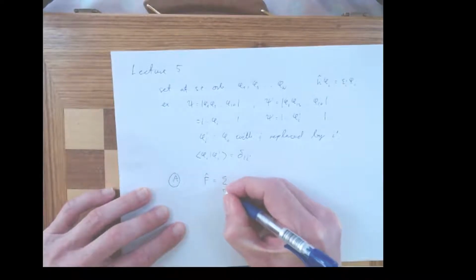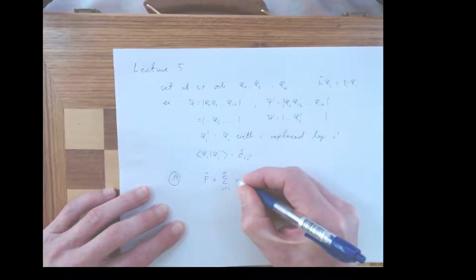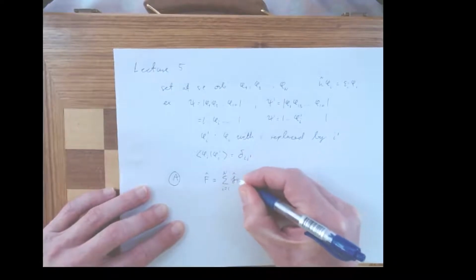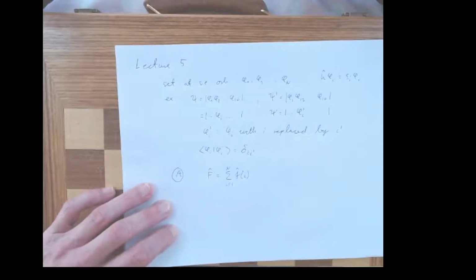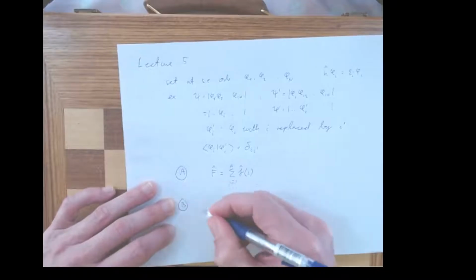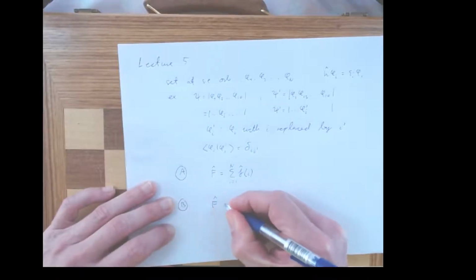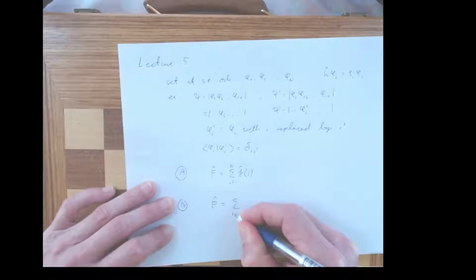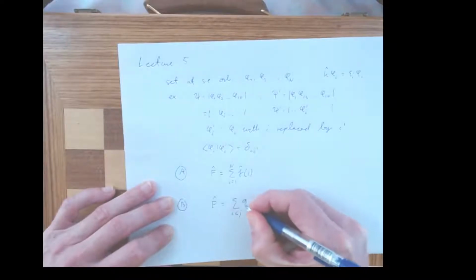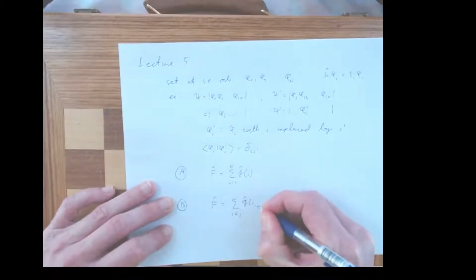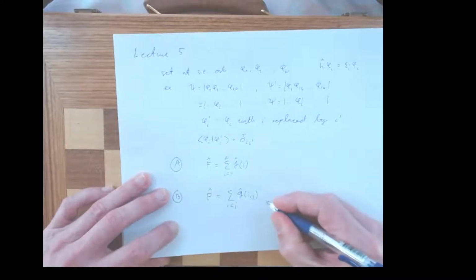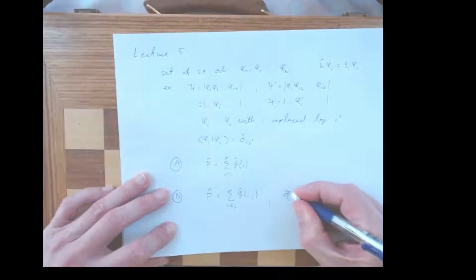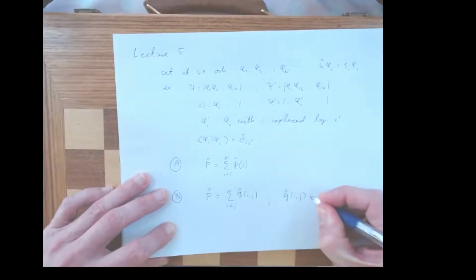So it's a sum over all electrons, some f operator acting on electron number I. And the second case will be a sum of two-body terms, g operating on I and J, with the property that this is a symmetric operator.